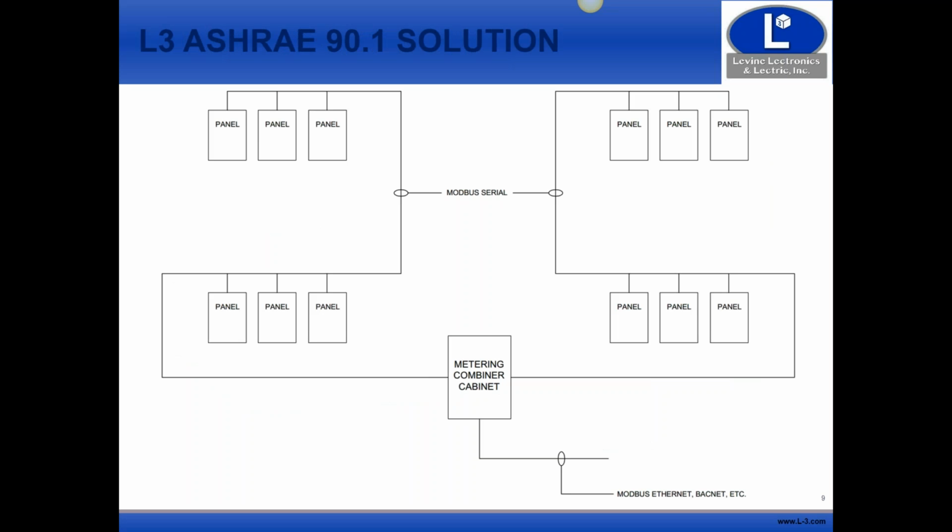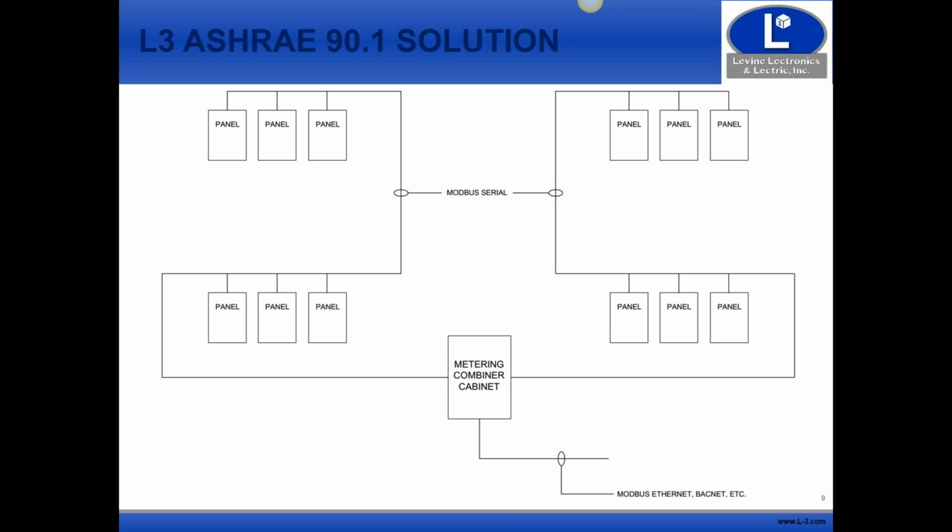Here is the solution and the way that we would wire this. Here you'll see our 12 panels on multiple different levels. You have to think about how the electrical cabling is going to be installed in this building.